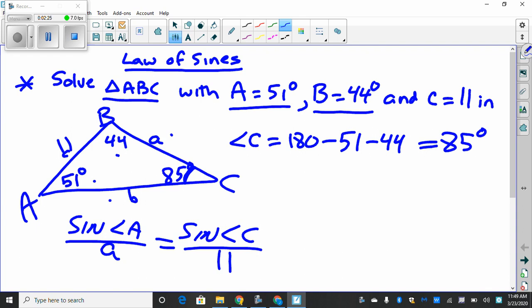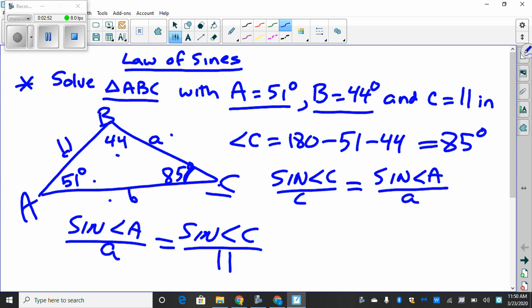Now, I need an angle and its side to do this. So the only ones I know now are the 85 degrees and 11. See how this is C and little c. So I'm going to use the sine of angle C over little c is equal to the sine of any other angle. So I can choose A or B. So I'll just choose sine of angle A over little a.